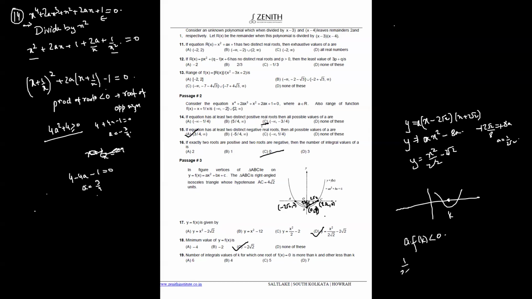So a is 1/2 root 2 into f of k, so k square by 2 root 2 minus 2 root 2 has to be less than 0. That's to say k square is less than 8. So mod k has to be less than 2 root 2. How much is 2 root 2? Root 2 is 1.4, so 2 root 2 is 2.8. From minus 2.8 to plus 2.8, so -2, -1, 0, 1, 2: 5 values.